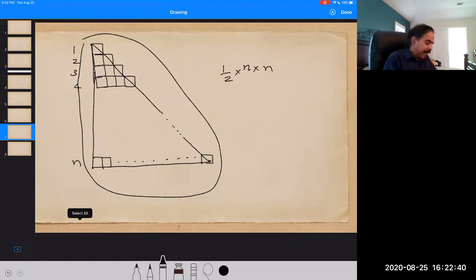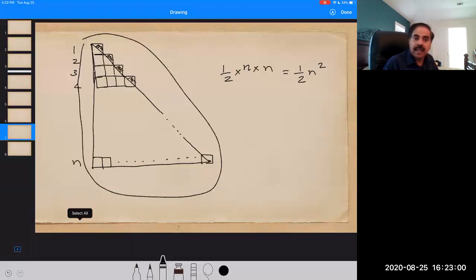So the area of the triangle is half times base times height, which is half n squared.